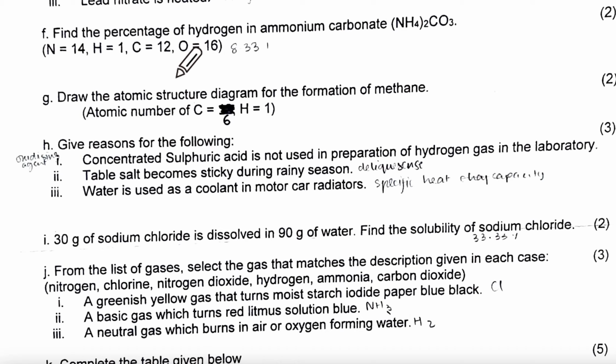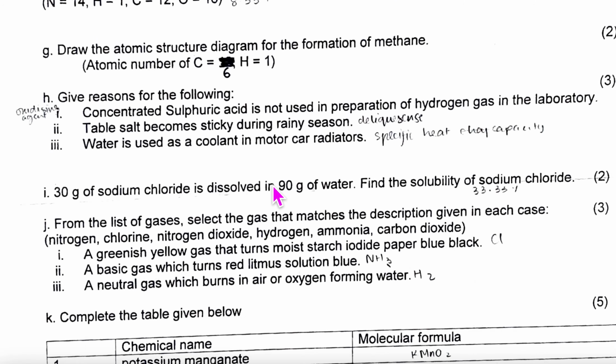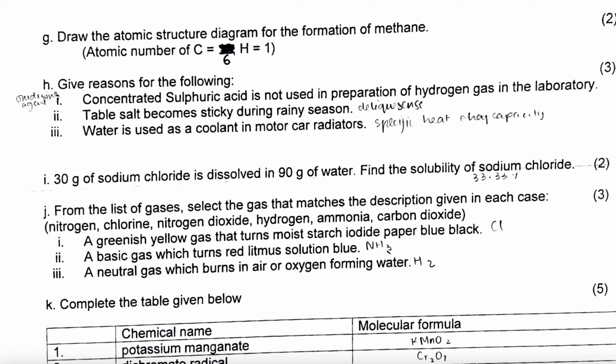We come to the next one, atomic structure diagram for formation of methane. Now for methane, what will you have to do? First of all, you'll have to write C 12, 6.